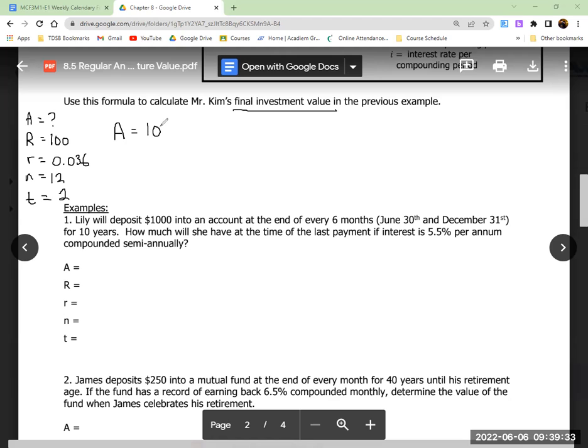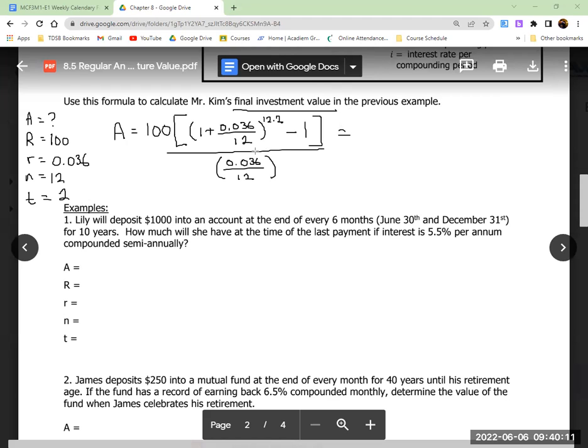So this is capital R, and that is in a larger bracket, with 1 plus 0.036 divided by 12, all to the power of 12 times 2, which is 24, minus the 1, close that big bracket. All of this is divided by r over n. And if it helps, put this in a bracket. At this point in time, I guarantee at least one person will make a calculator mistake.